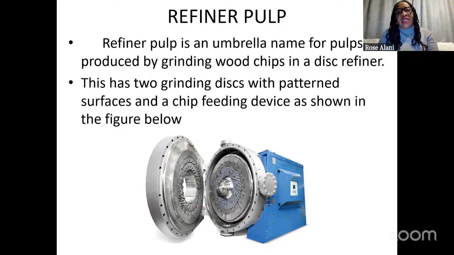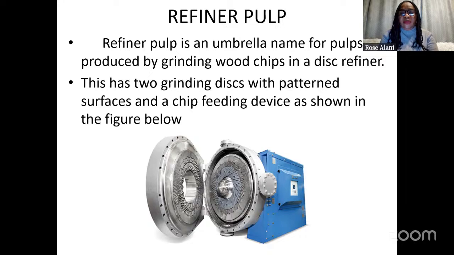So the refiner pulp is an umbrella name for pulps that are produced by grinding wood chips in a disc refiner. As you see here, you have the two discs here, and the chip is being fed in between the disc.